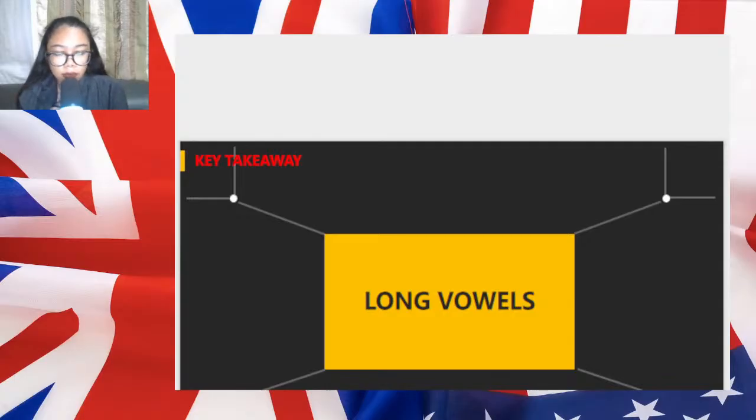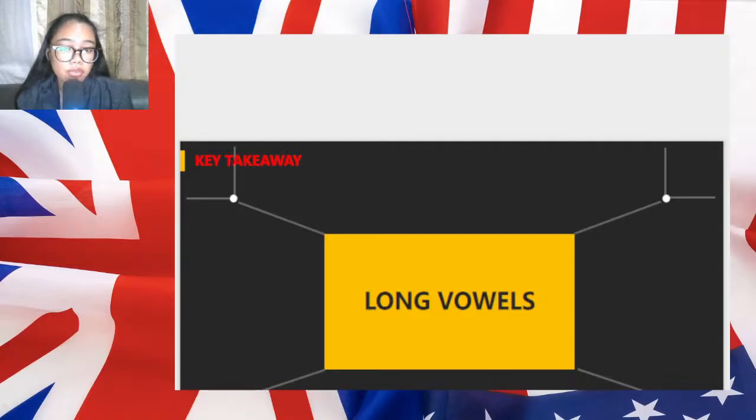So that's first, the duration is long. Second, long vowels are typically more tense. Your mouth and tongue muscles might feel a bit more tense or precise when producing these sounds compared to the relaxed nature of short vowels. Okay? And of course, pure sounds. Like the short vowels, these are pure monophthongs, meaning your tongue generally stays in one position, it doesn't glide.